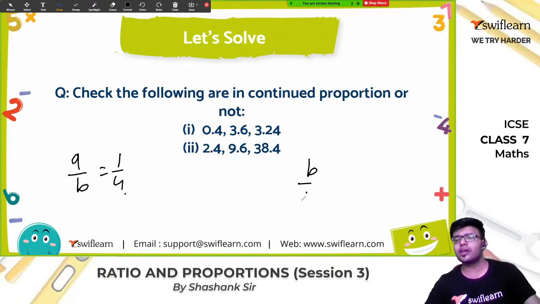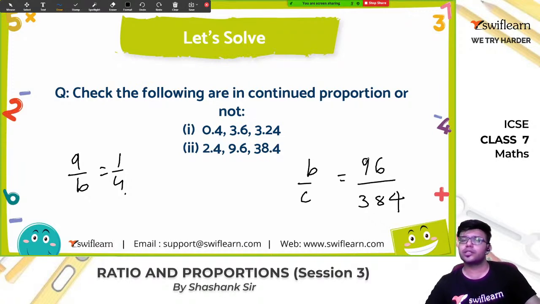Let us check the value of B by C. How much is that? 9.6 divided by 38.4, multiply by 10. I am writing directly, guys, after multiplying. So 96 divided by 384. Okay, so yes, 12 8s are 96, 12 3s are 36, 12 2s are 24.